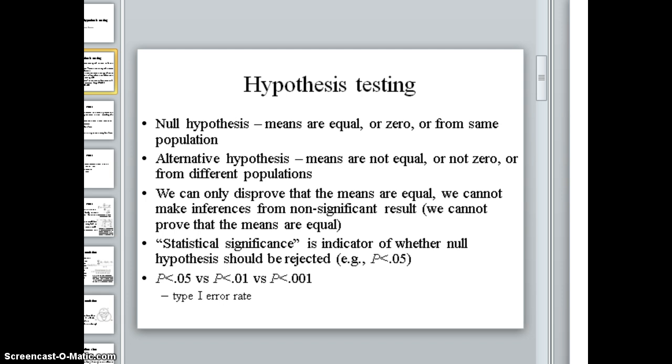All the statistics that we're going to cover in this course are based on a rejection of the null hypothesis, the hypothesis that there is no effect, that the means are the same.